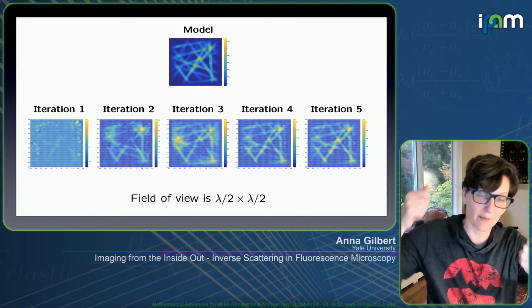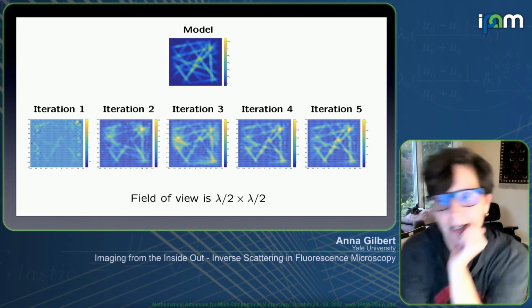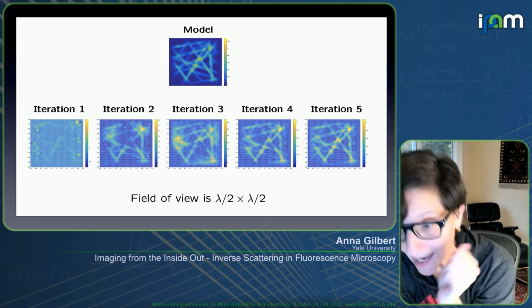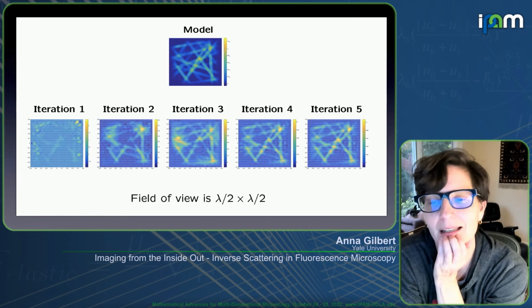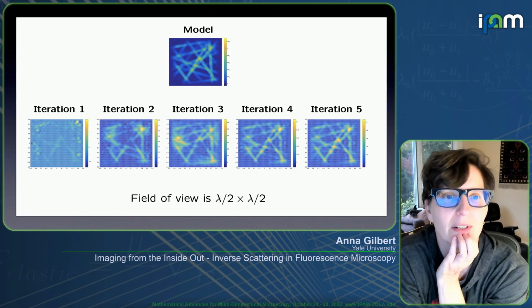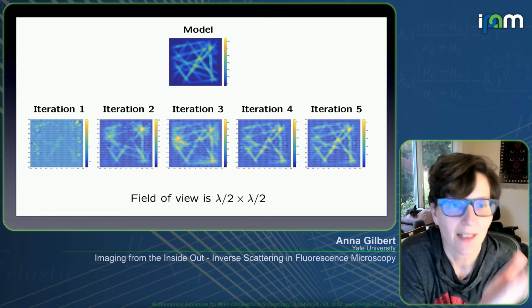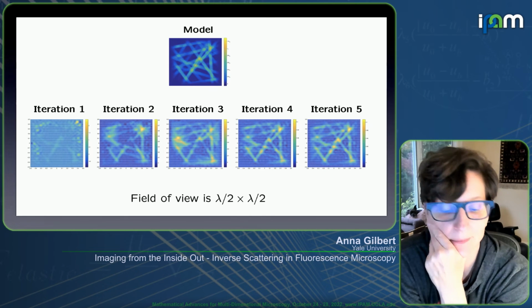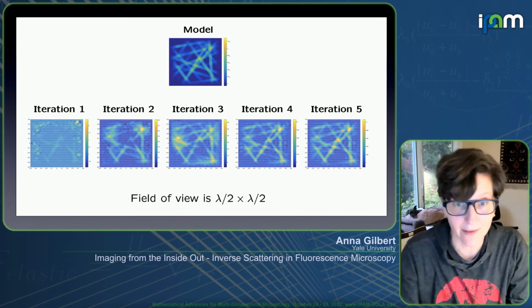Then, knowing the medium, we refine our estimate of where the sources are, and we iterate like this. You can see after 5 iterations, it's not bad. This reconstruction is really not bad, especially when you consider that we've just thrown fluorophores into this object and lit them up, and they're like little flashlights seeing inside.